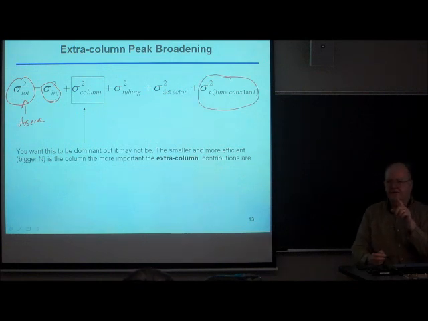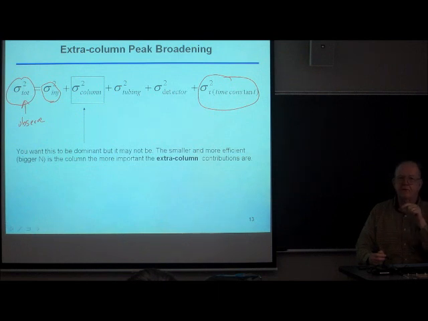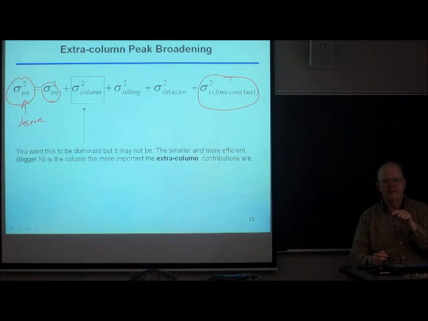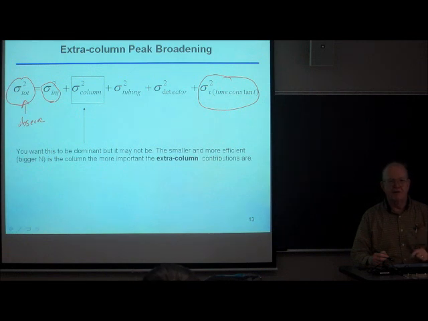Now there's two important things here. Number one, it's additive. Number two, these are squares. Squares of any kind of number is a positive number. There's no cancellation of errors here.